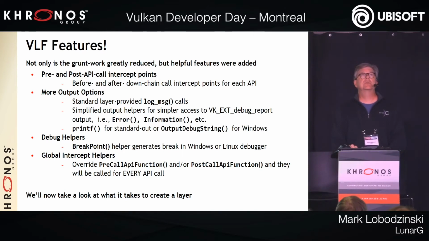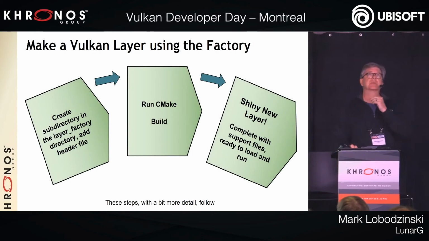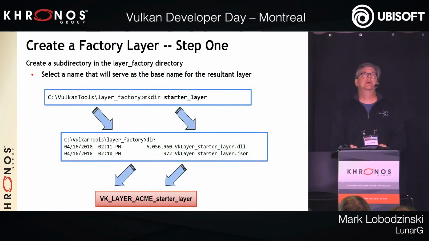So to actually create a layer, there's basically just a few steps. You just create a subdirectory, you put a file or two in there, you run cmake, and a layer comes out. It's almost actually that simple. So real quickly, I'm just going to run through these and do a short demo.